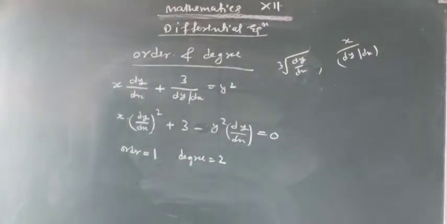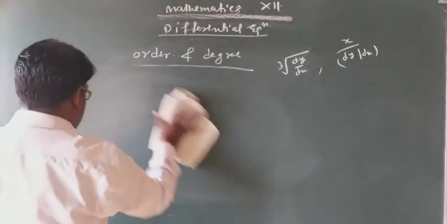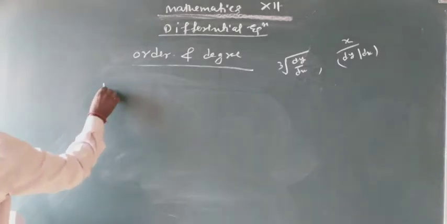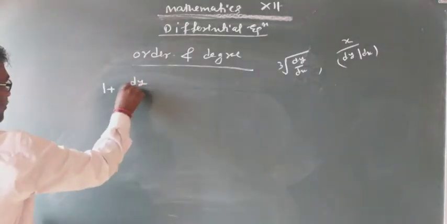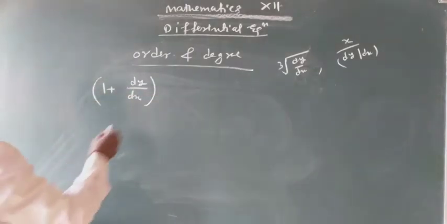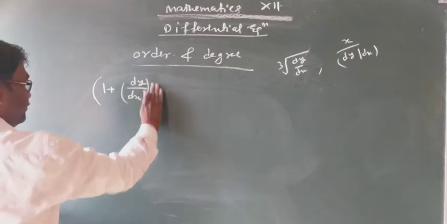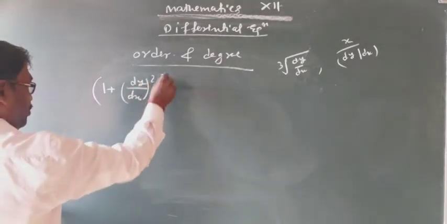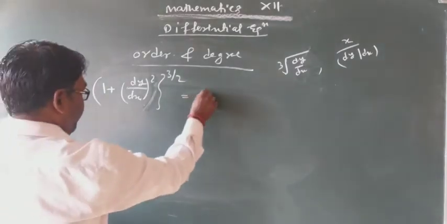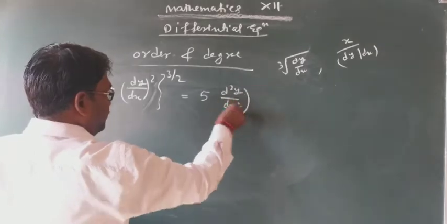Now, some other question. Just like 1 plus dy by dx whole square, whole power 3 by 2, is equal to 5 d2y by dx square.